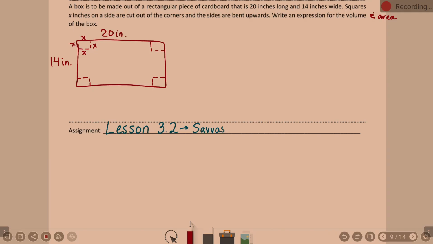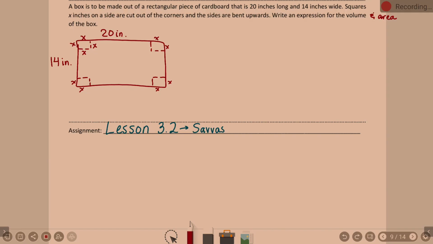And that's true on each of these. Each of these corners has a square that is X by X. Okay? We're going to cut those squares out, fold the sides up, it makes a box.